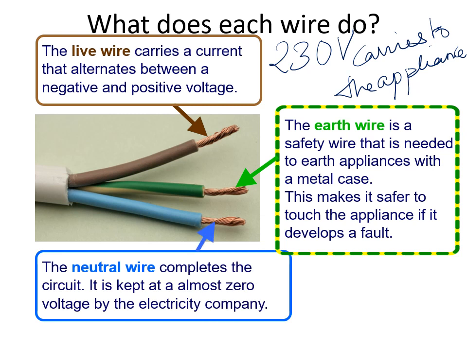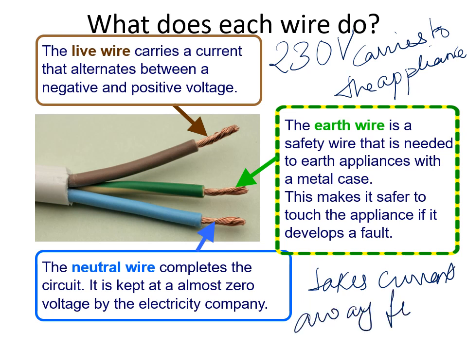A neutral wire completes the circuit. What a neutral wire does is it takes current away from the circuit or away from the appliance. So a live wire takes current into the appliance. A neutral wire takes current away from the appliance.